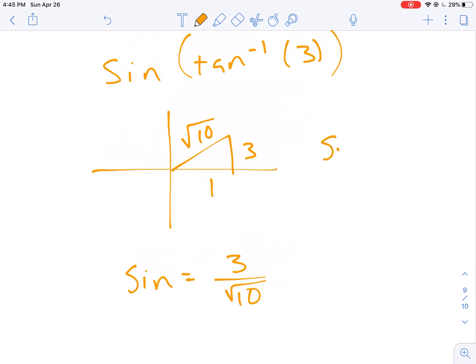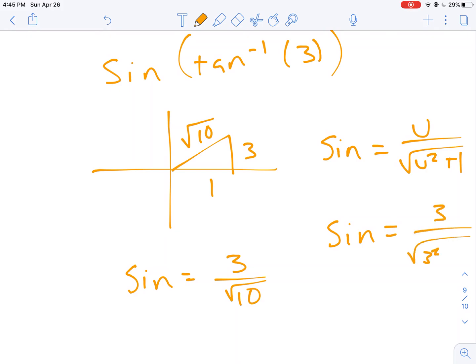Or I could put this into my formula, sine is equal to u over the square root of u squared plus 1, and I could say that my sine is now equal to 3 over the square root of 3 squared plus 1, which we can quickly see is 3 over the square root of 10, and that works out well for me.